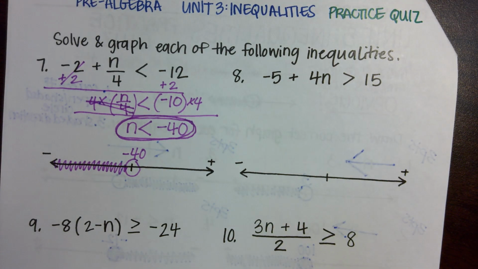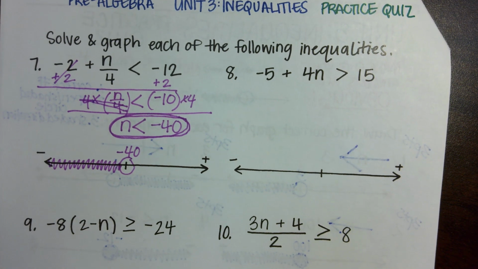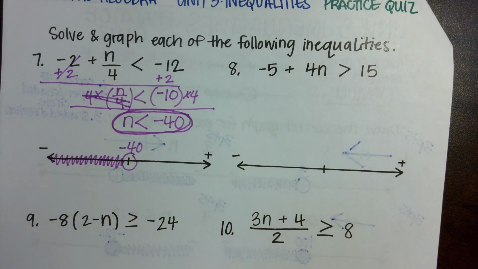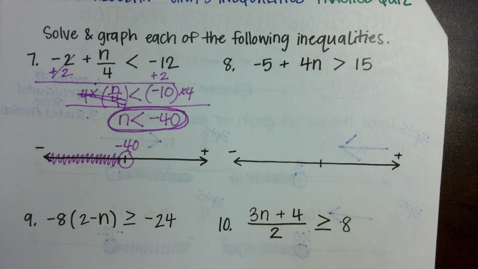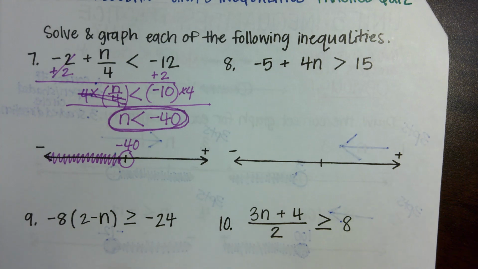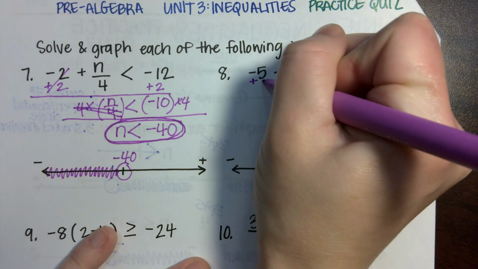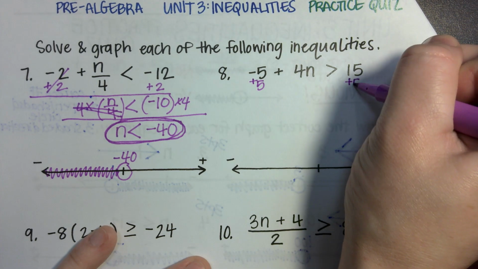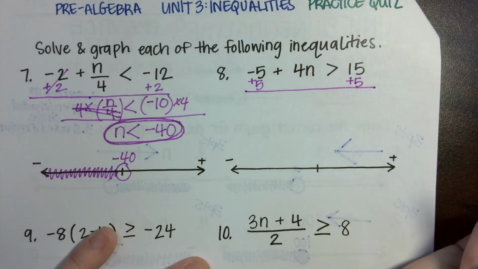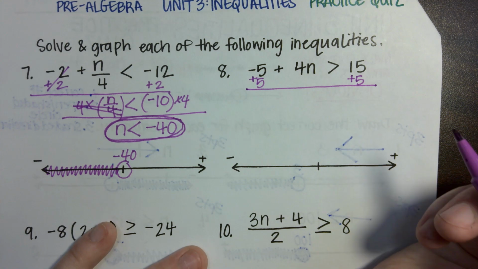Let's look at number 8. I've got -5 plus 4 times n is greater than 15. What should I do here? Add 5. Good. Plus 5 to both sides. What happens next?